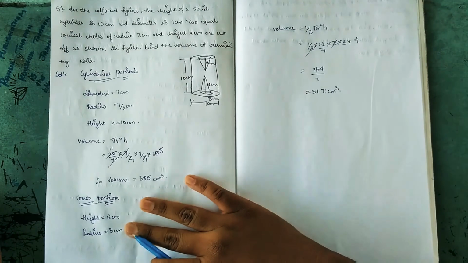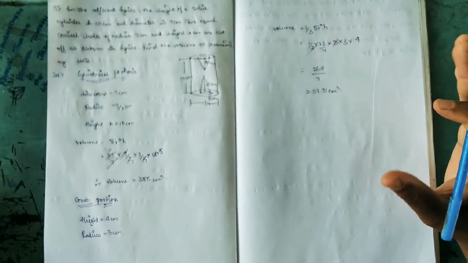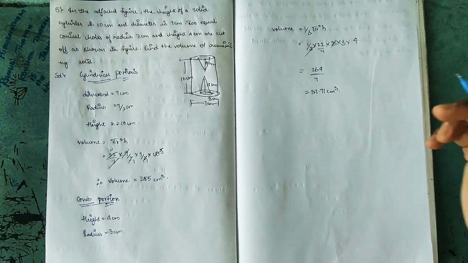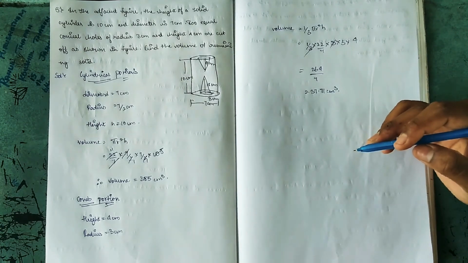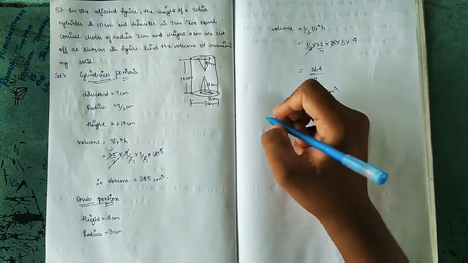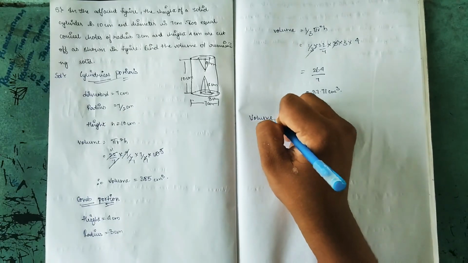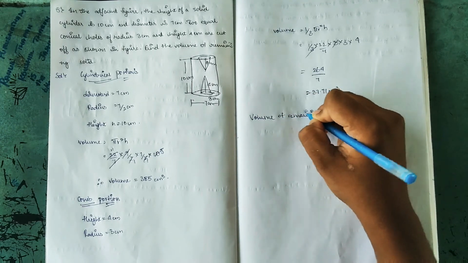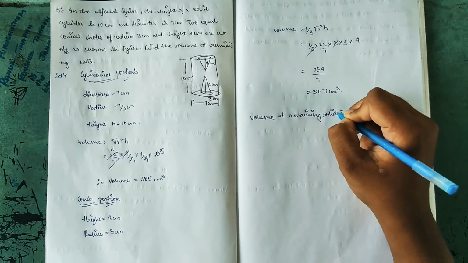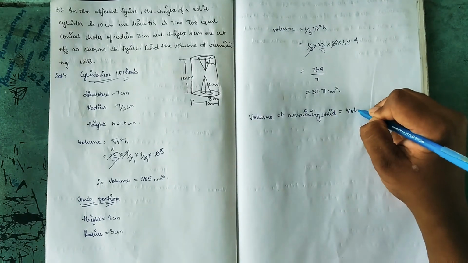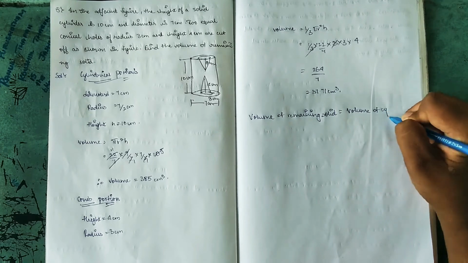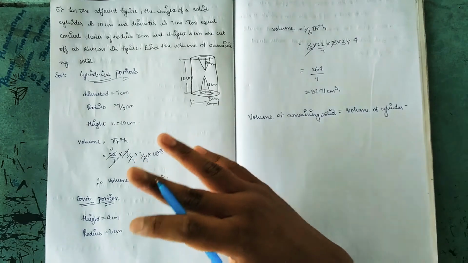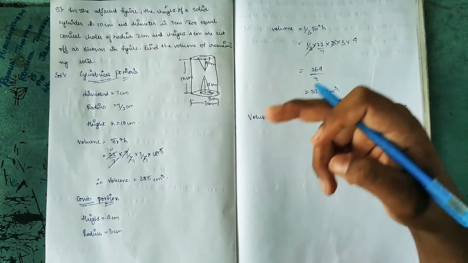So we have now got both the cone portion and the cylindrical portion. So we'll see the volume of the remaining solid. Here, if two equal conical holes are cut off, then the volume of the remaining solid is equal to the volume of the cylinder minus, since the cylinder has the greater volume, we'll take out both cones from the volume of the cylinder.